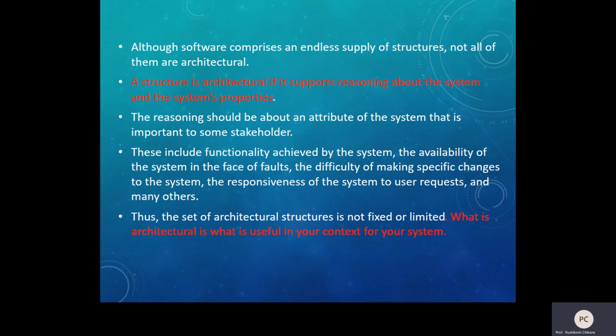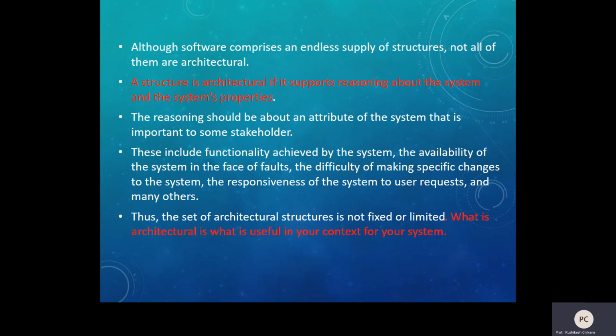The reasoning should be about an architecture of the system that is important to some stakeholder. These include the functionality achieved by the system, the availability of the system in the face of faults, the difficulty of making specific changes to the system, the responsiveness of the system to user requests, and many others.